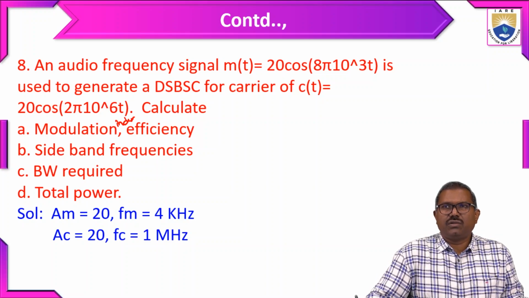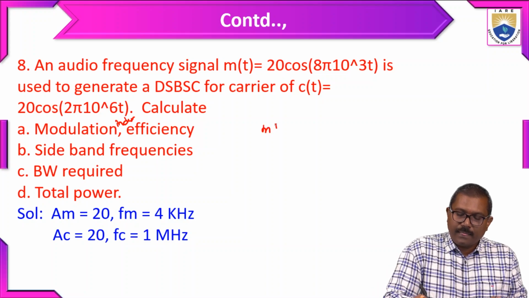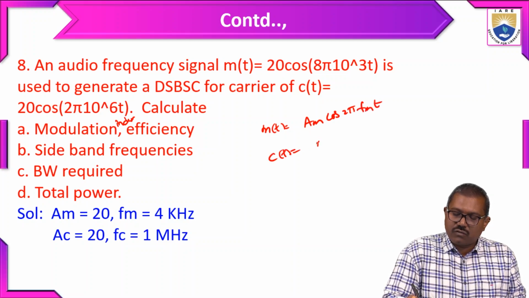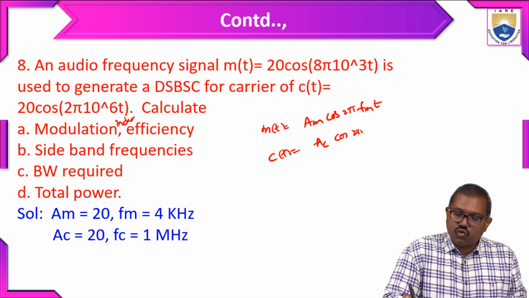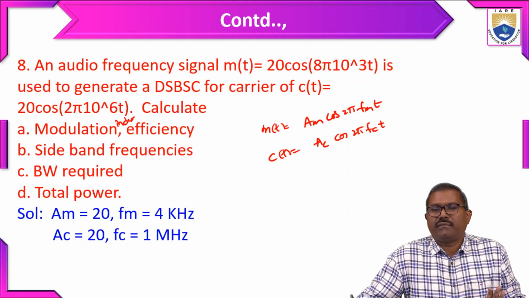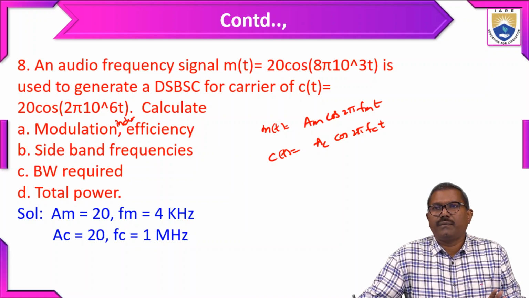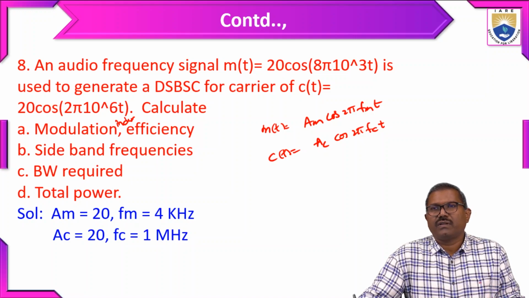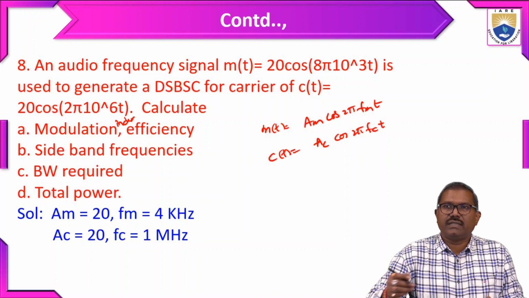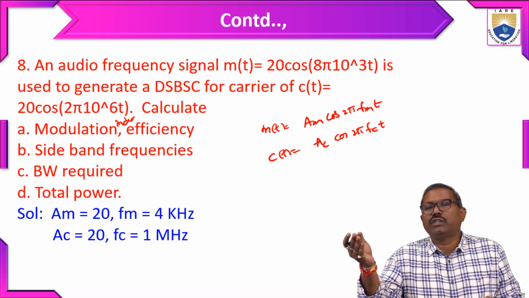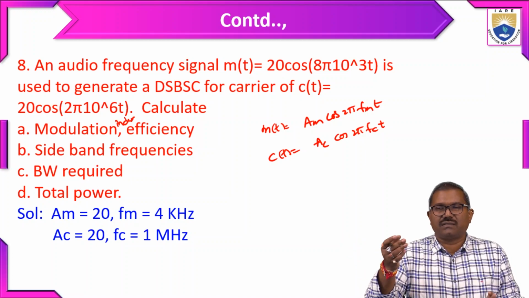Already we discussed m of t is equal to Am cos 2 pi fm t, and c of t is equal to Ac cos 2 pi fc t. And one thing here, c of t is always greater than m of t, that you already know. So fc is in terms of 10 power 6, where fm is in terms of 10 cube.